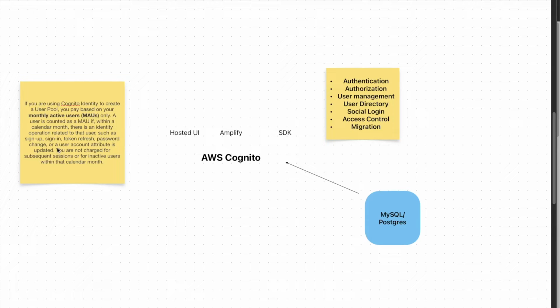In the free tier, 50,000 monthly active users are free for Cognito, so it's not that costly per se. And if you compare it with Okta, then you can think about your use cases and charges.